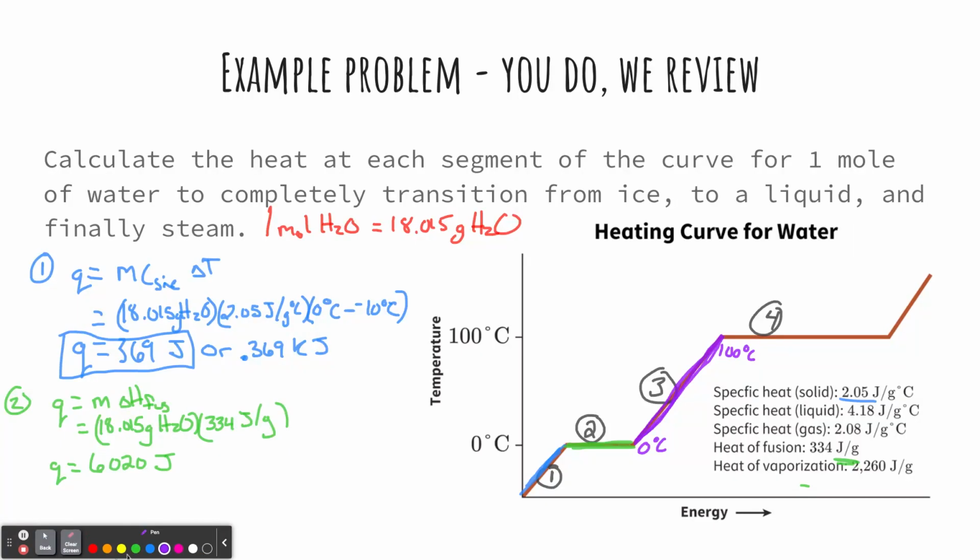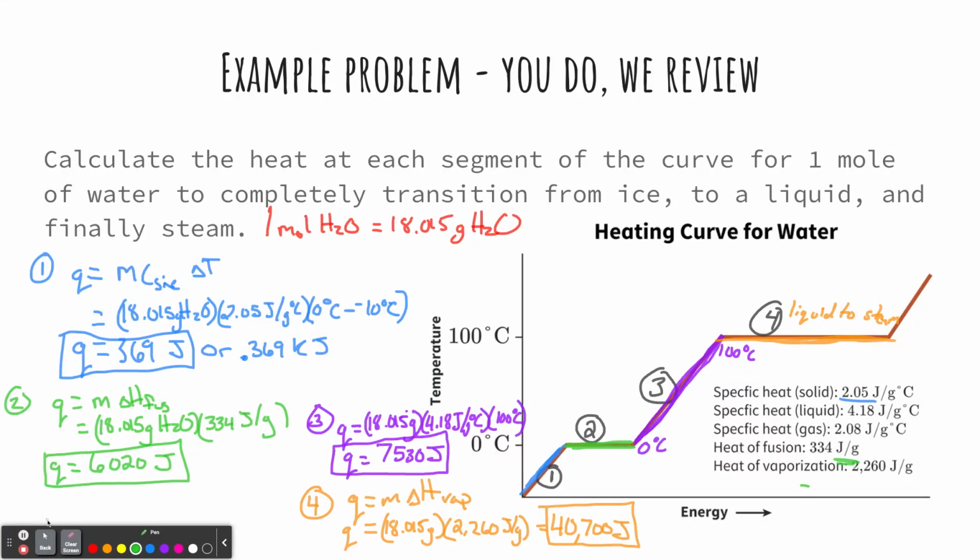And then the second thing I want you to do is to calculate the energy required to go from the liquid state to the gaseous state, or to go from the liquid to steam. Okay. So pause the video and try to do those calculations on your own.